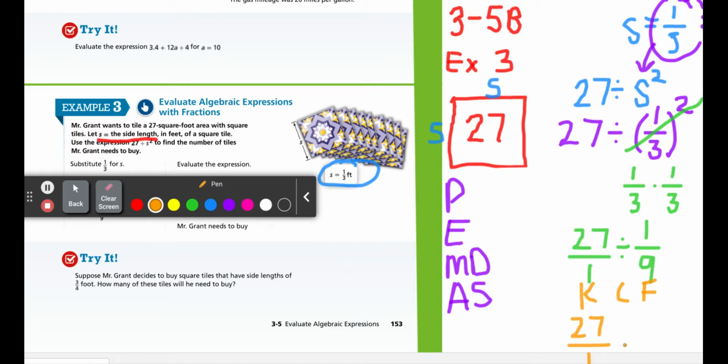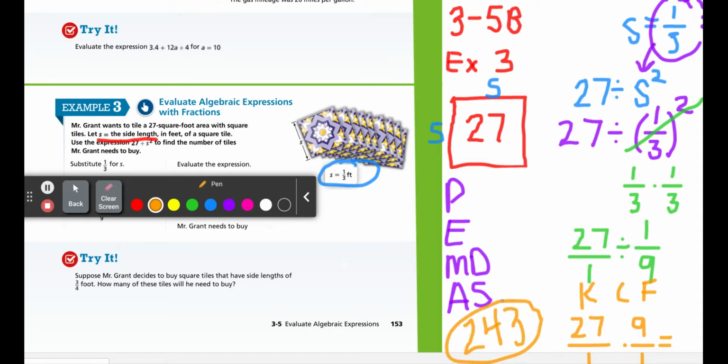Flip 1 over 9 becomes 9 over 1. Now we have a multiplying fractions question. So we have 27 over 1 times 9 over 1, which is pretty much like we're saying 27 times 9. What do you get? I got 243 tiles.